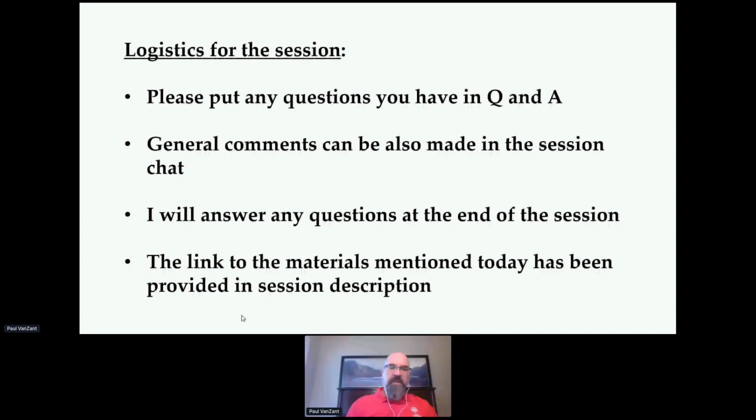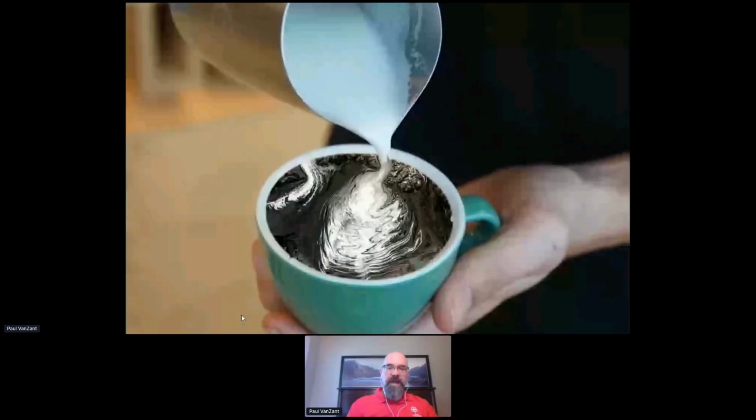Let's start off with a little bit of fun here. When you take a look at this image, what do you see? I suspect if I could see the chat, at first glance somebody would say someone's making a cafe latte.